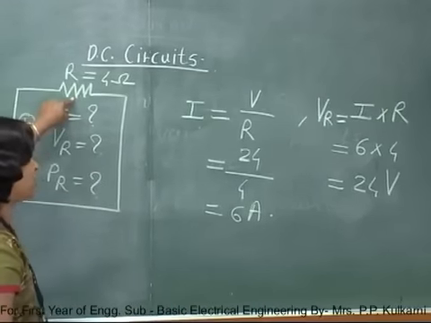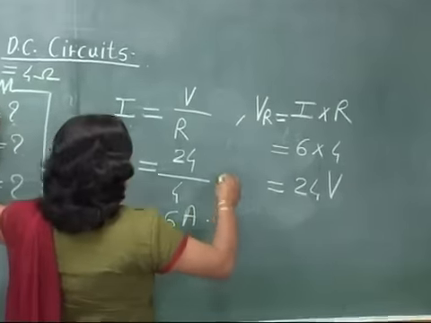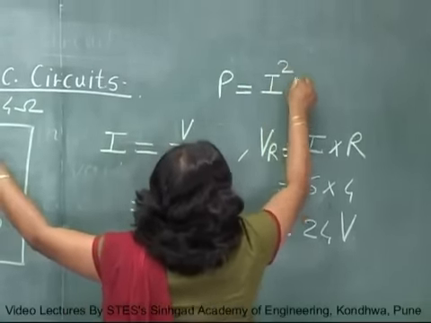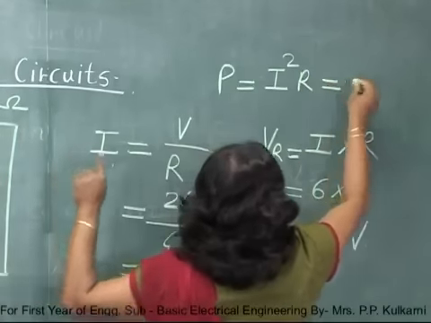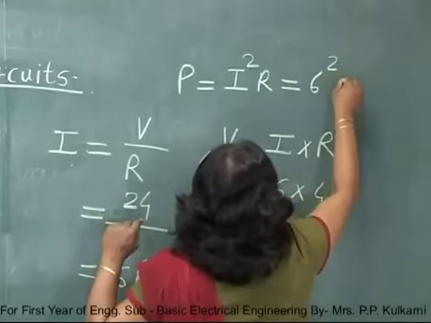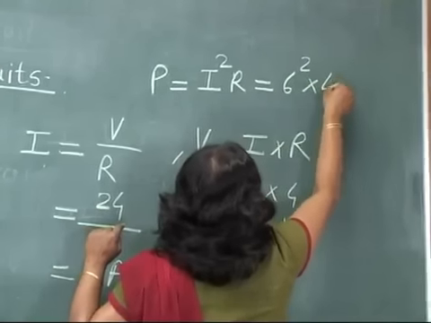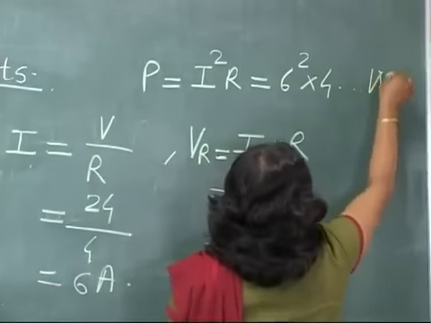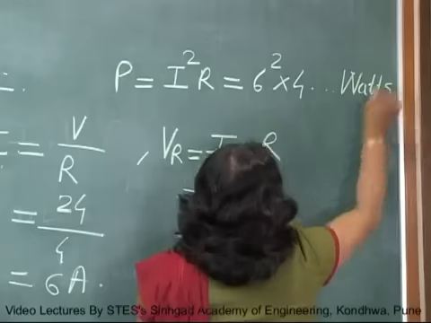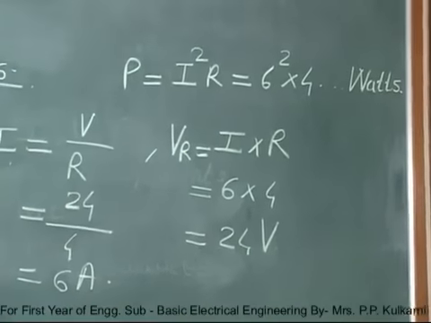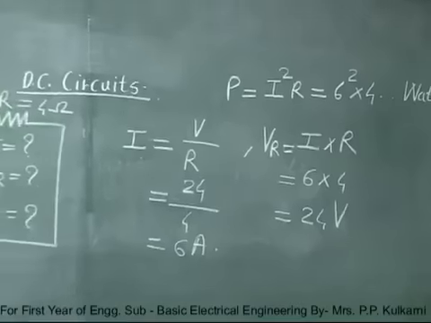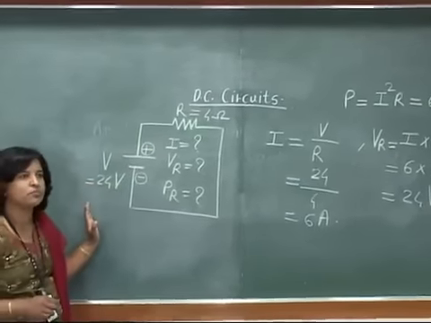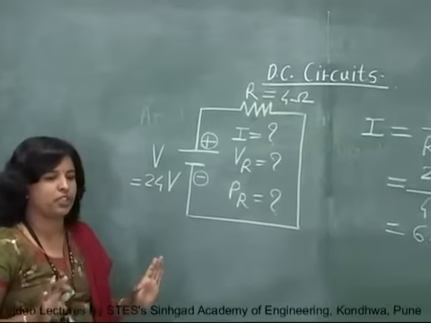And power consumed by this resistance can be calculated using power is equal to current square into resistance, which is equal to 6 square into the resistance value is 4. So it is 36 into 4, and the unit of this power is watts. So in this way we can find out current, voltage and power consumed by this particular element resistance using simple Ohm's law. But this is the simplest type of DC circuit.